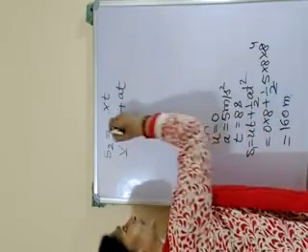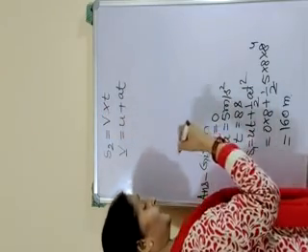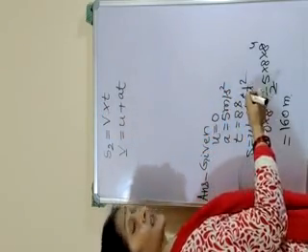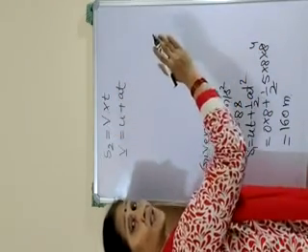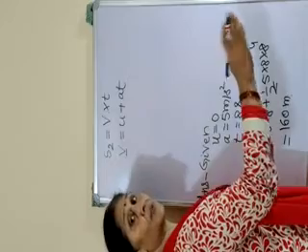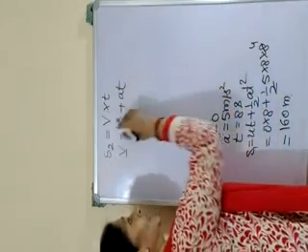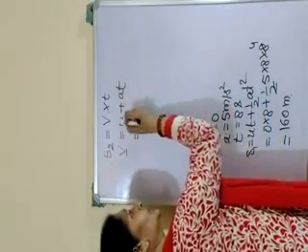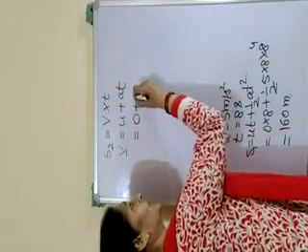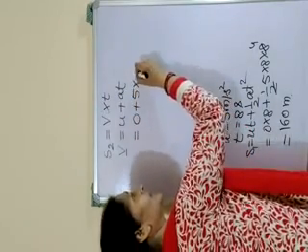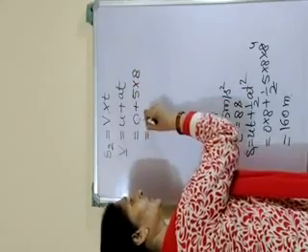Means after traveling 8 seconds, the velocity of car becomes v, and rest journey that car will complete with that velocity. And this will be equal to u is equal to 0, acceleration is 5 and time taken is 8, and this is equal to 40 meter per second.